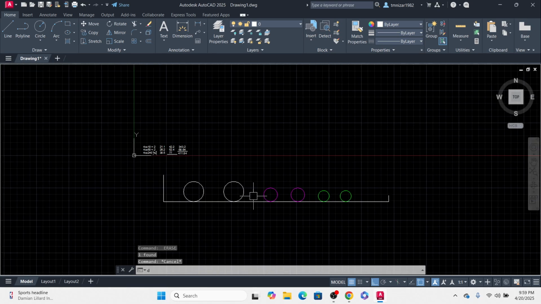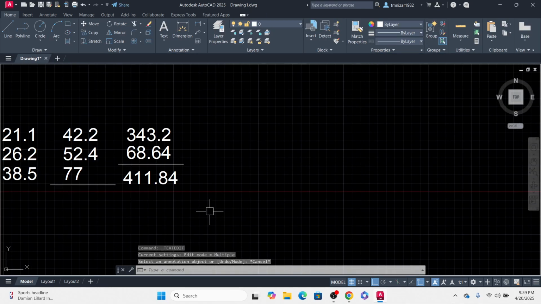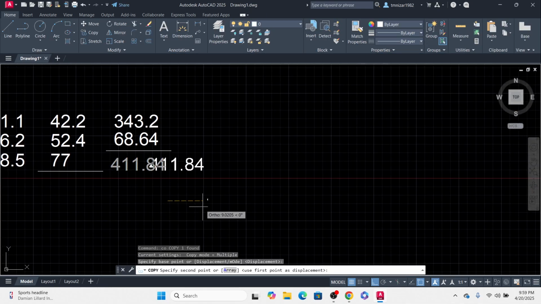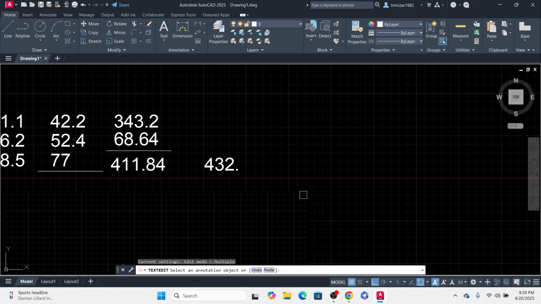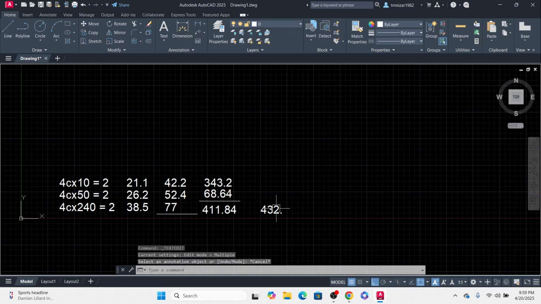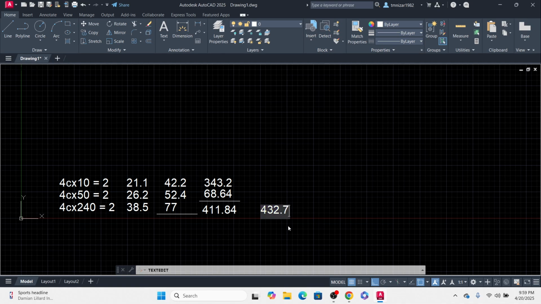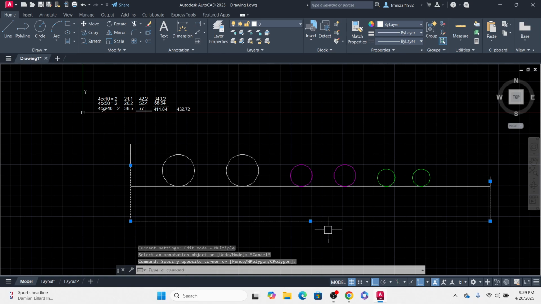So what is the size here? Double click, you have 432.72. Let's go here, 432 point 72. When you draw, this is the spacing.